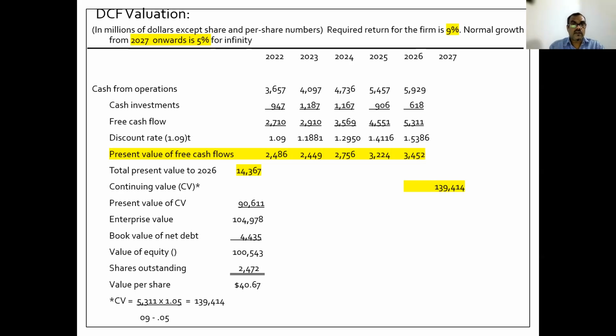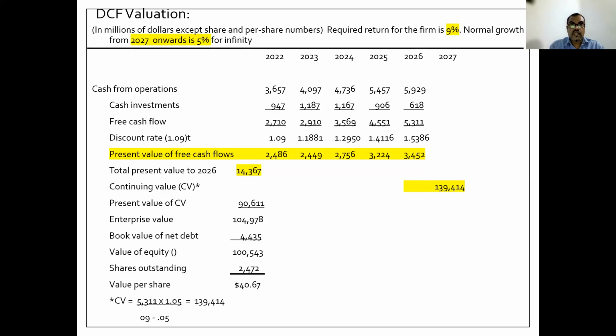Numbers are given in dollars, whatever, you can assume many, in millions, so that's not that important. And per share numbers as well, right? The required rate of return for the firm is 9%. Normal growth from 27 onwards is 5% for infinity.